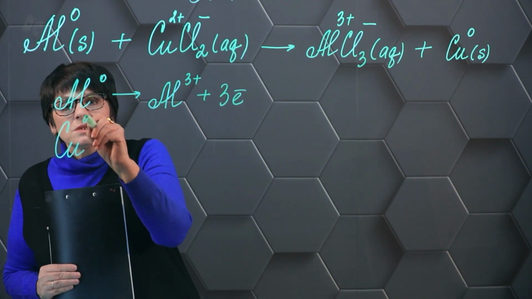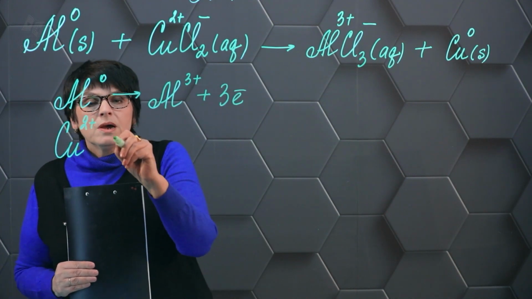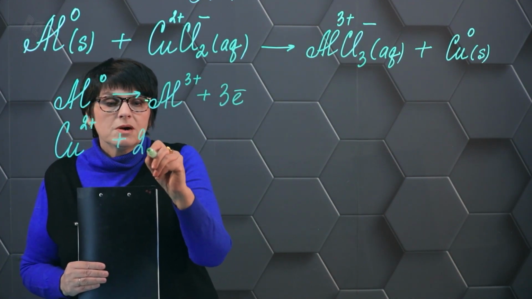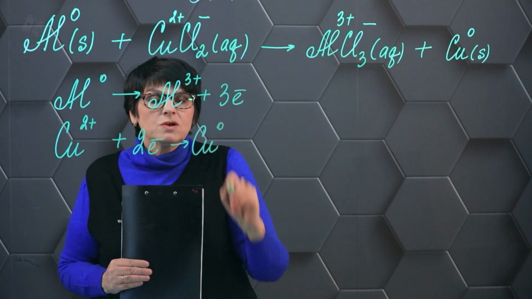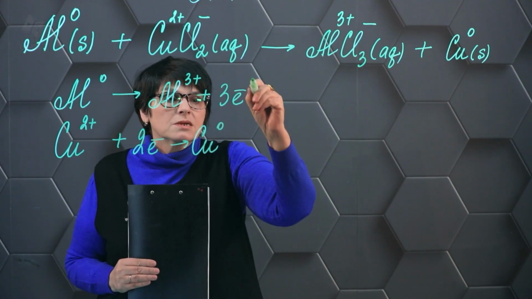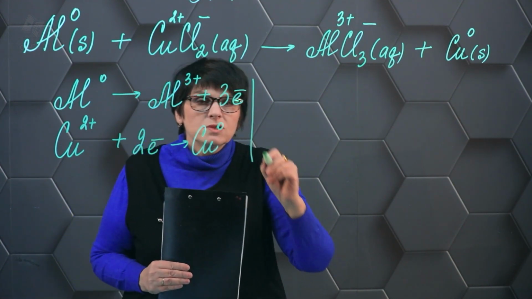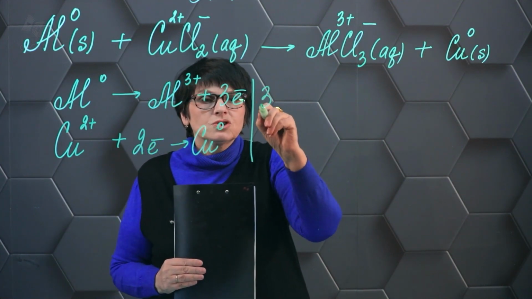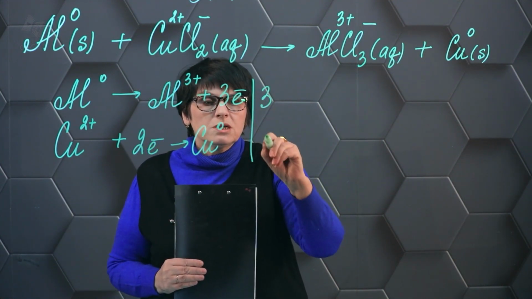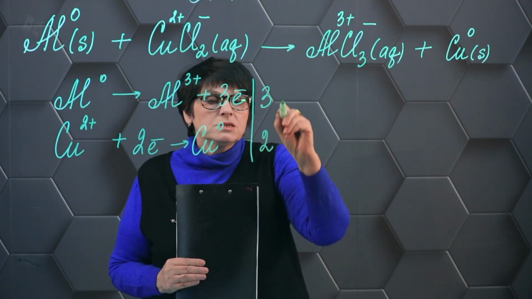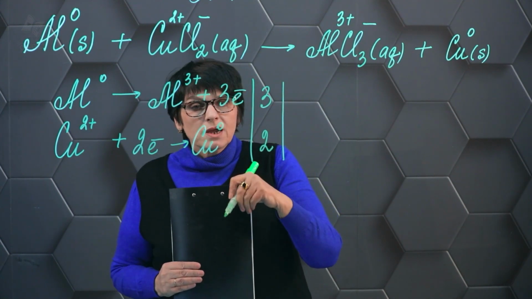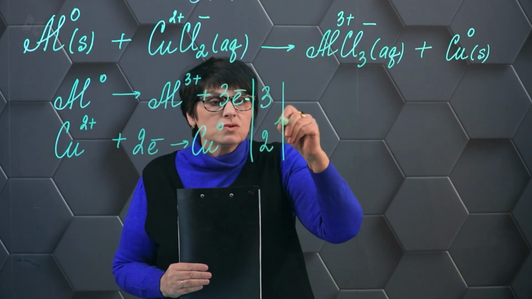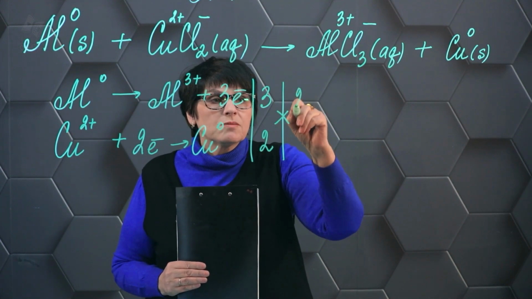Copper from a charge of 2 plus will take 2 electrons and change to copper with 0 charge. Then in the electron balance, we have the numbers taken out by aluminum 3 and copper 2. In order to balance the number of electrons given and received, they are swapped, and these numbers are obtained by rearranging them. Opposite aluminum is a 2, opposite copper is a 3.